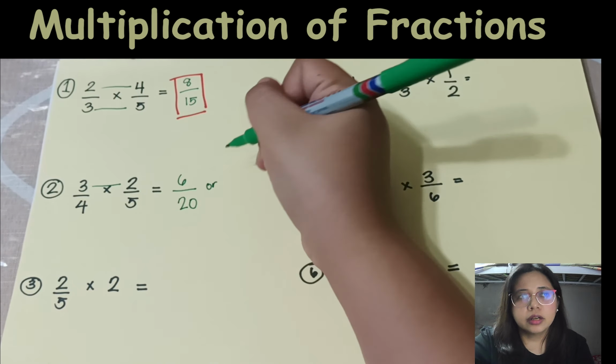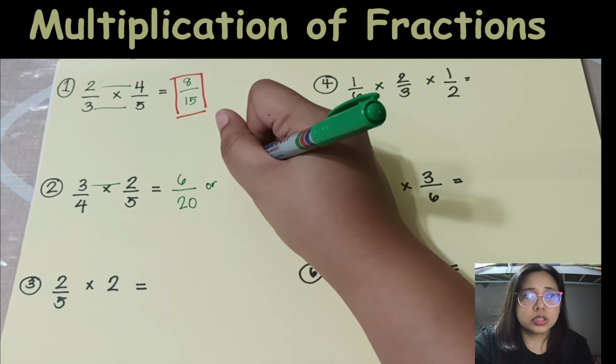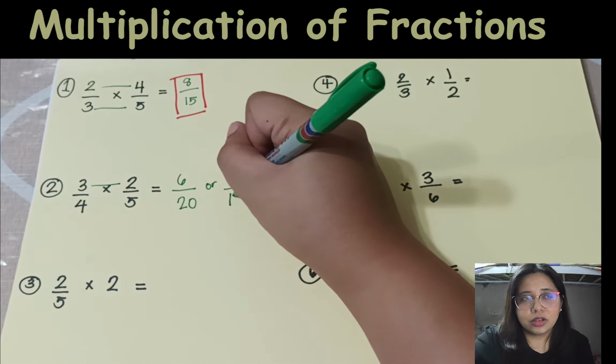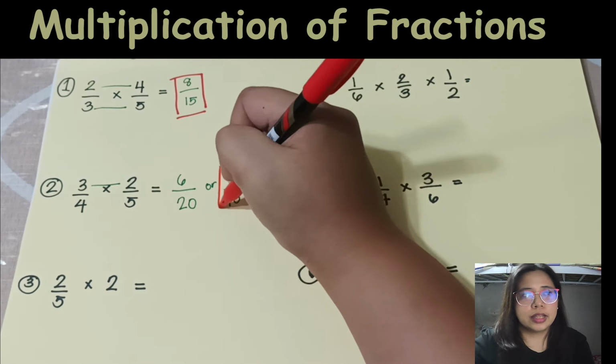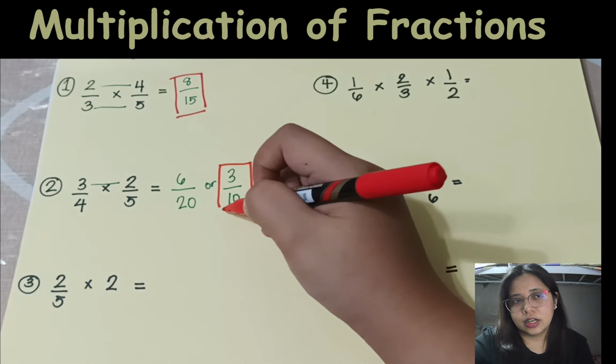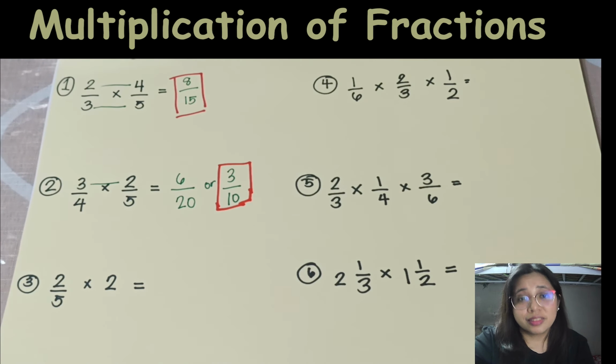Okay, or we put it into its lowest form and we get 3 over 10. Okay, so yun yung ating magiging final answer. Okay, so 3/4 times 2/5 is equal to 3/10.